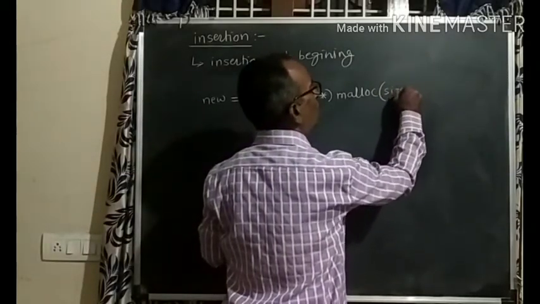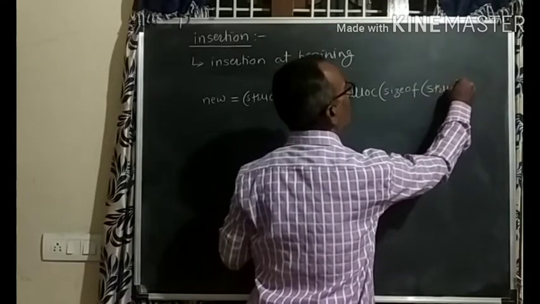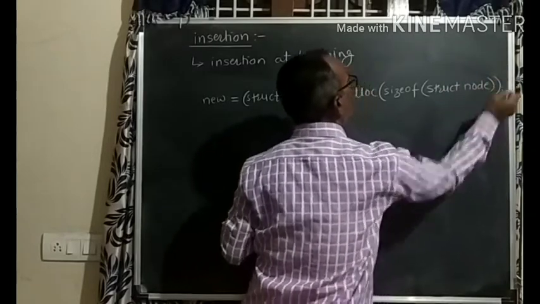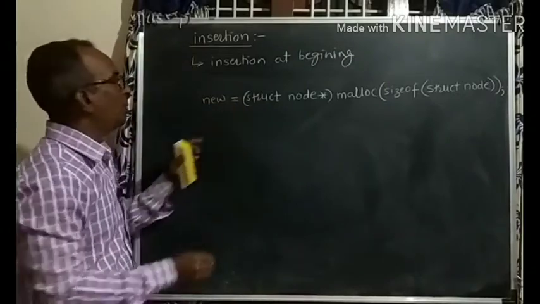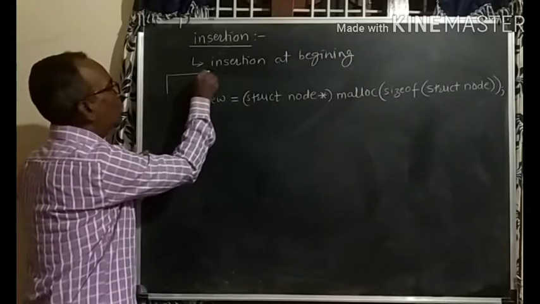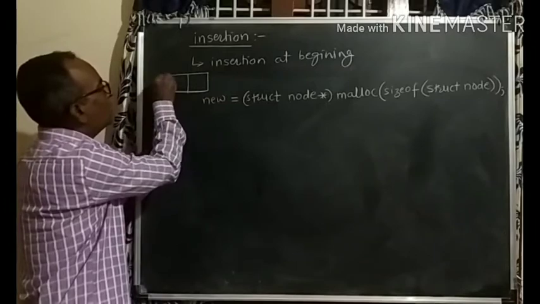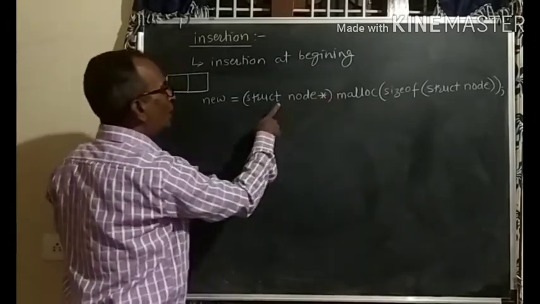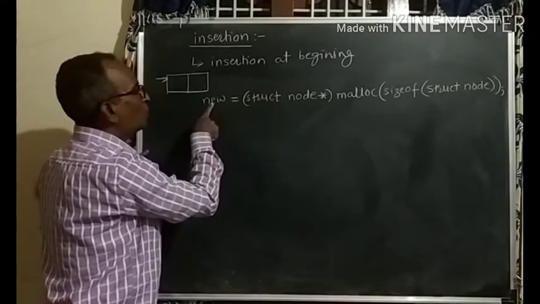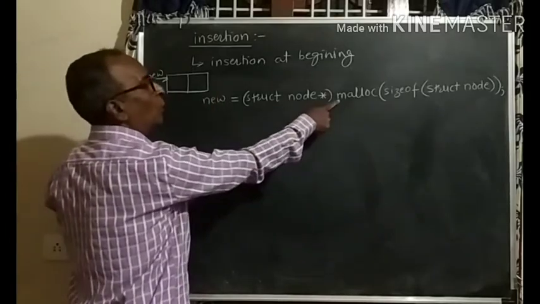So the sizeof operator is always used, struct node that we have created. So by this statement, one new node will be created. This much memory is given, and then it will return the pointer address of this struct node to new. So new is pointing to whatever memory block it has given.